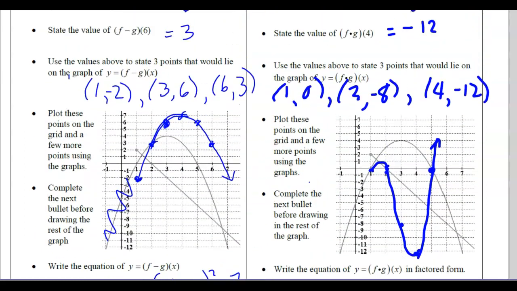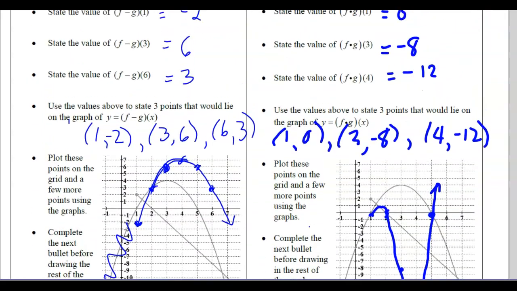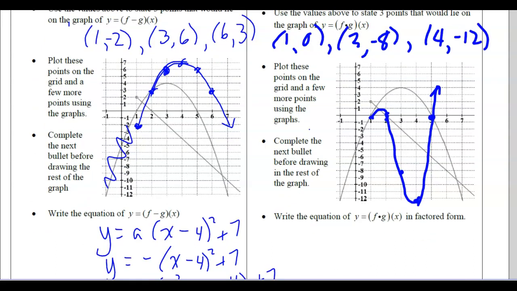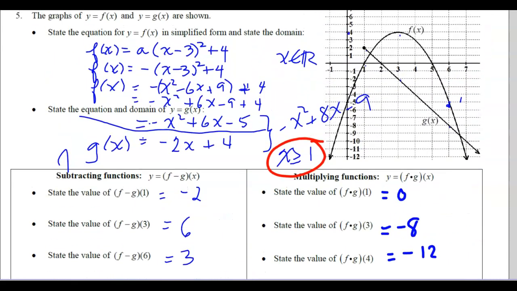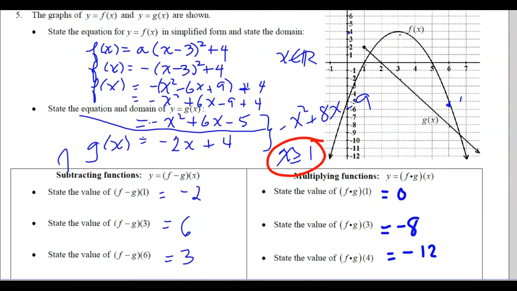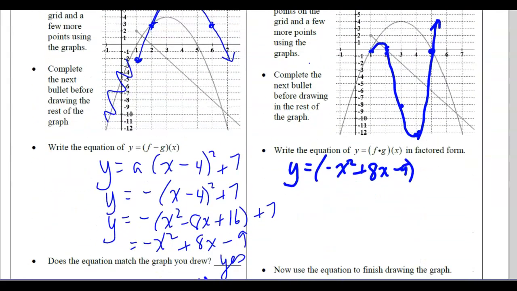So write the equation in factored form. Oh, in factored form, yes. So we want to multiply this out. Okay, so we've got negative x squared plus 8x minus 9 multiplied by negative 2x plus 4.